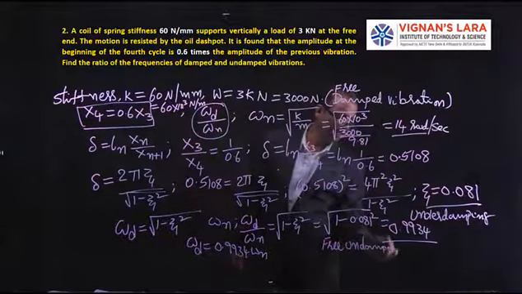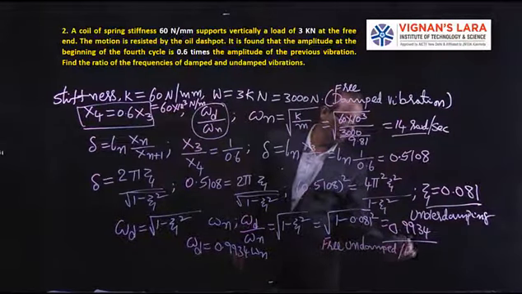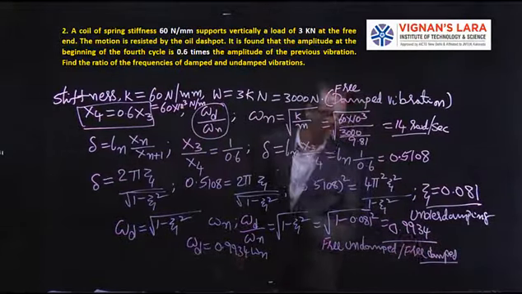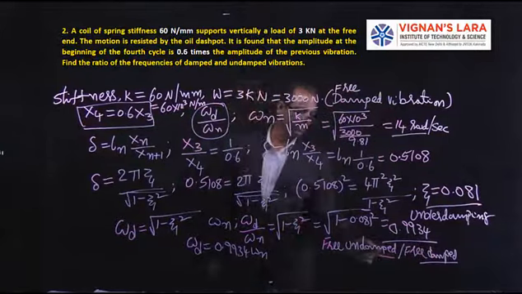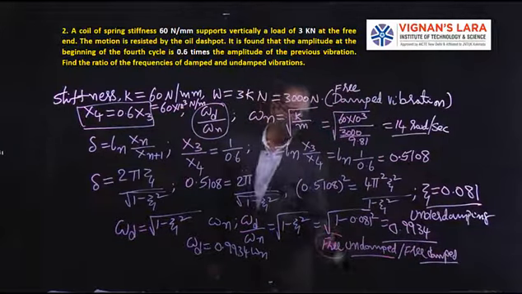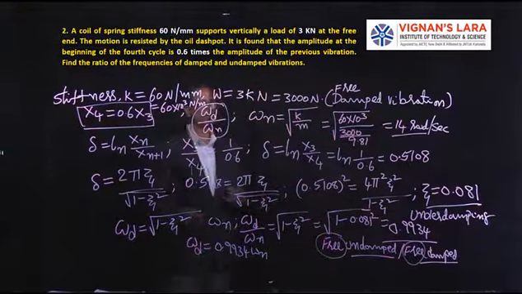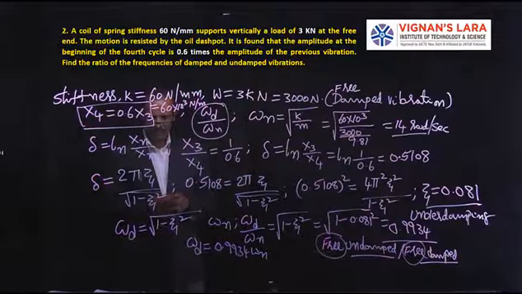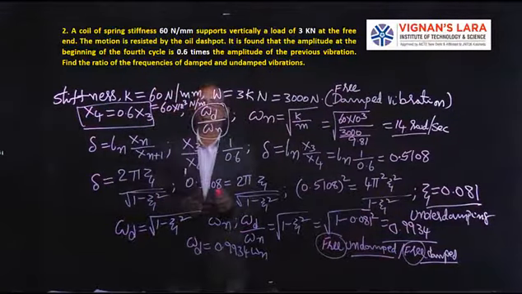The difference is that in one case there is damping and in the other there is no damping, but both are free vibration. A free vibration without damping gives the natural frequency. So ultimately what is asked is the ratio of damped frequency to natural frequency.